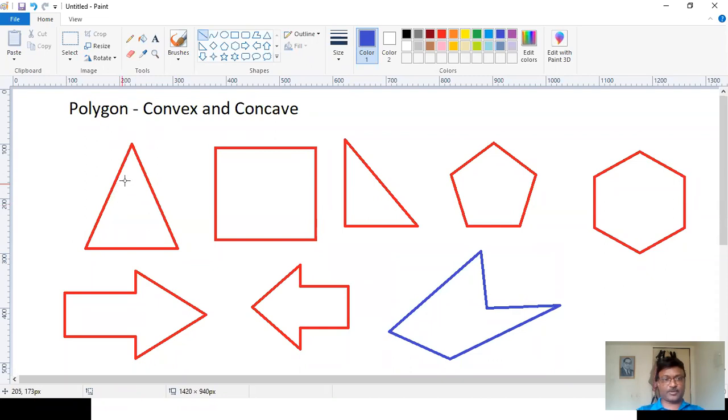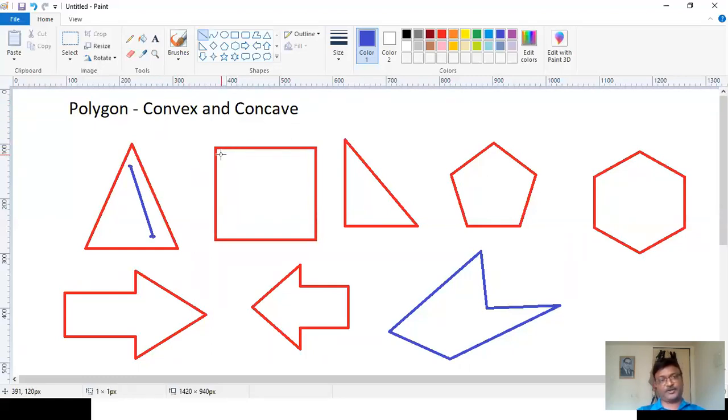These 2 points are inside the polygon, and I am going to draw the line from this point to that end point, and this complete line is inside the polygon. This complete line inside the polygon means what? That polygon is the convex polygon. That polygon is nothing but the convex polygon.